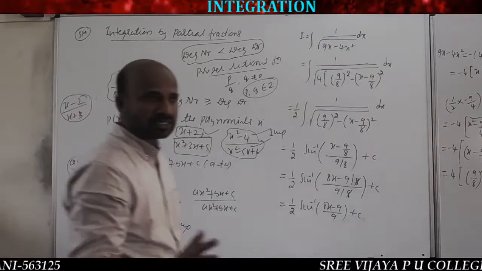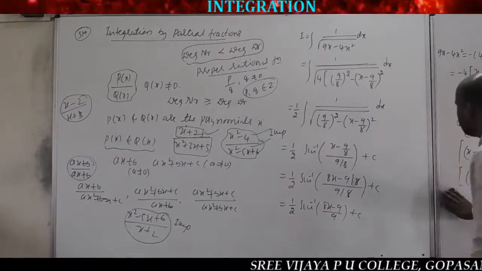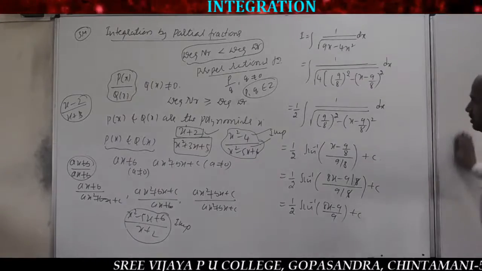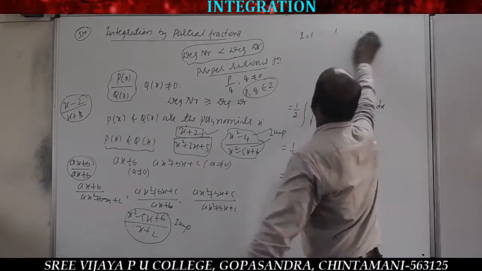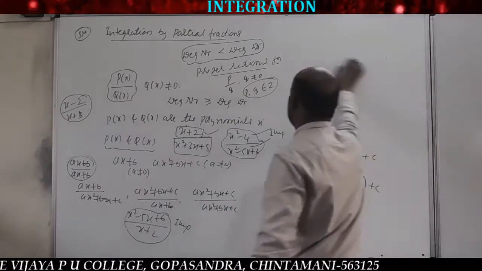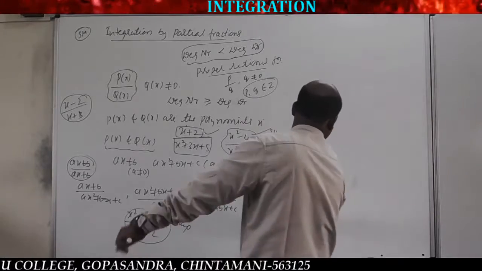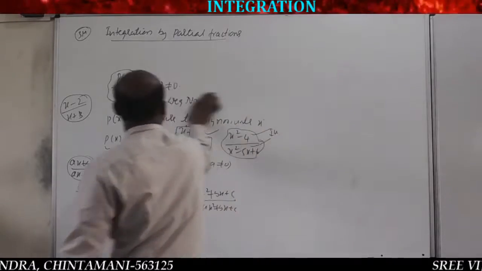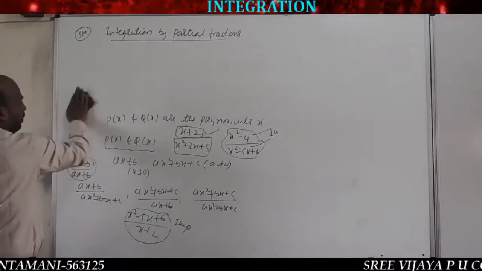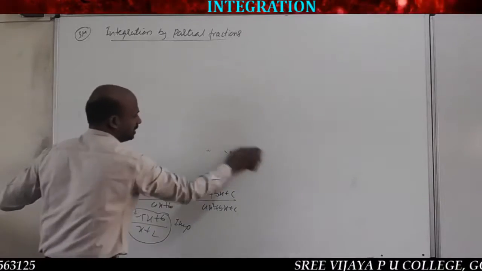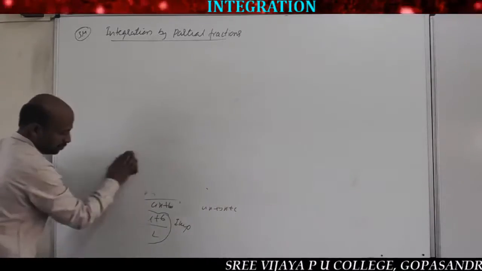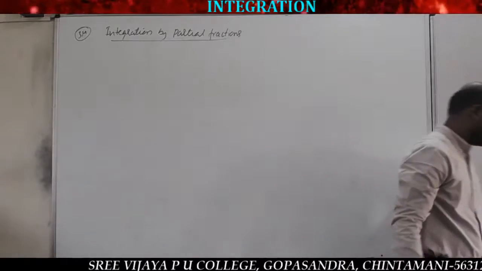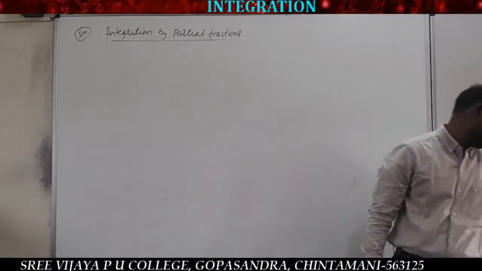How to find the integrals of proper and improper rational functions can be discussed in integration by partial fractions. So, there are some rules to follow while finding the integrals of proper and improper rational functions. So, we have to follow such rules. Okay. Form of rational function, form of partial fraction.